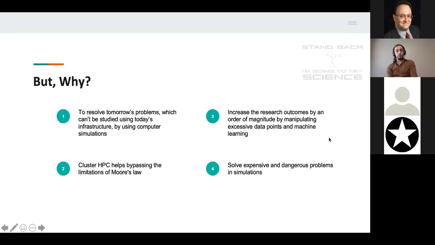It also helps us with research outcomes by processing so much data in a very short time. We can solve expensive and dangerous problems in simulations. Think of nuclear explosions and experiments, or with the COVID situation, they were able to very quickly generate vaccines just because they had the genome map, and they started doing all of this testing.